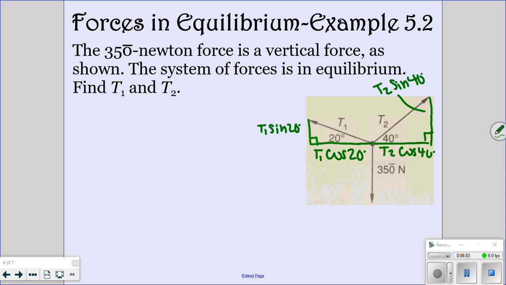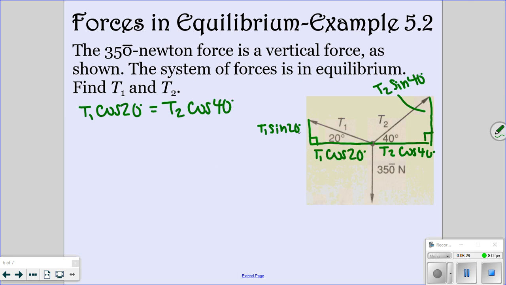Now, we need to make our two equations. So one of them is the x direction, which there are only two. T1 cosine of 20 has to equal T2 cosine of 40. Okay, which we can't solve for either one because we have two variables.